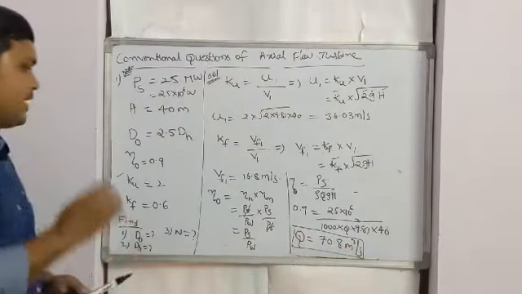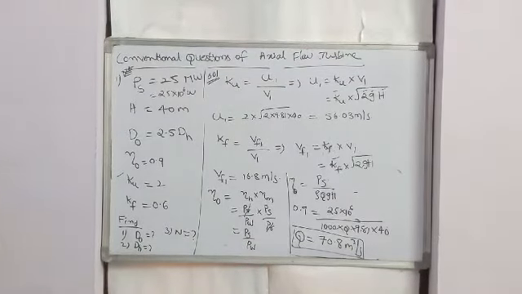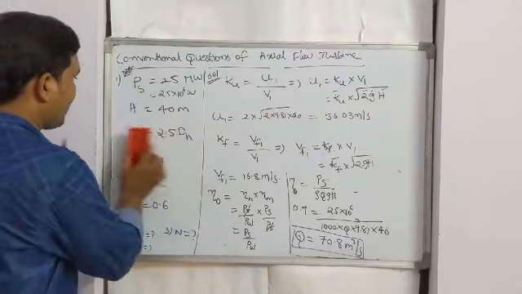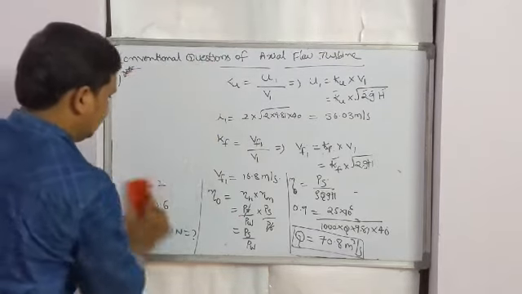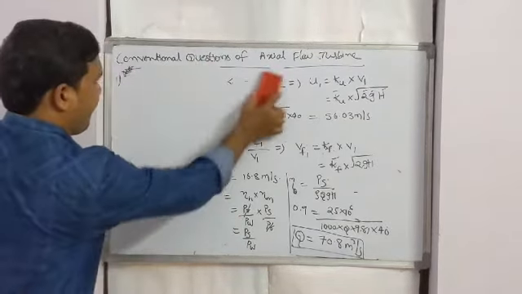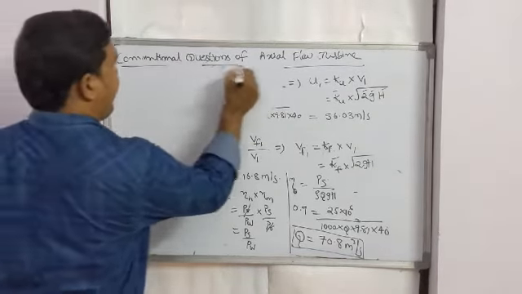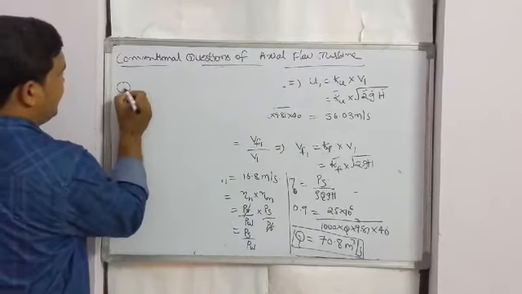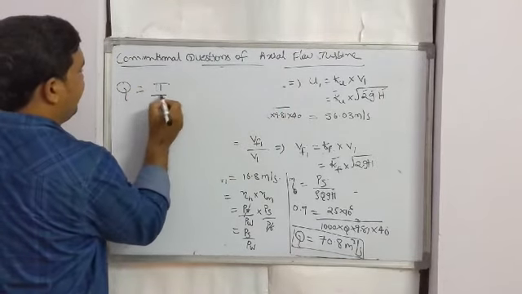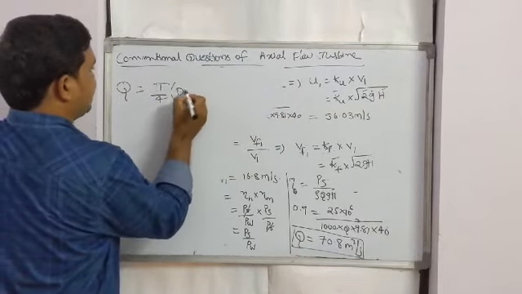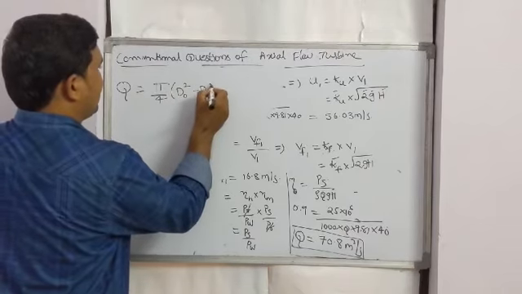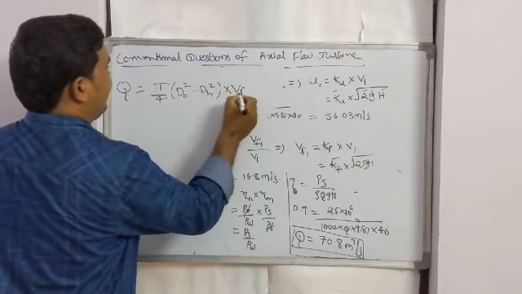By discharge we can find out the hub diameter or outer diameter of the blade. So I will erase the data. Then for discharge, Q is equal to pi by 4 into outer diameter square minus hub diameter square, into Vf.